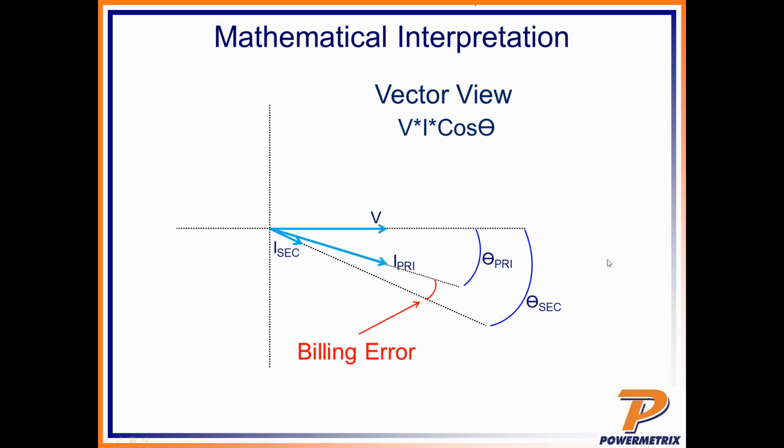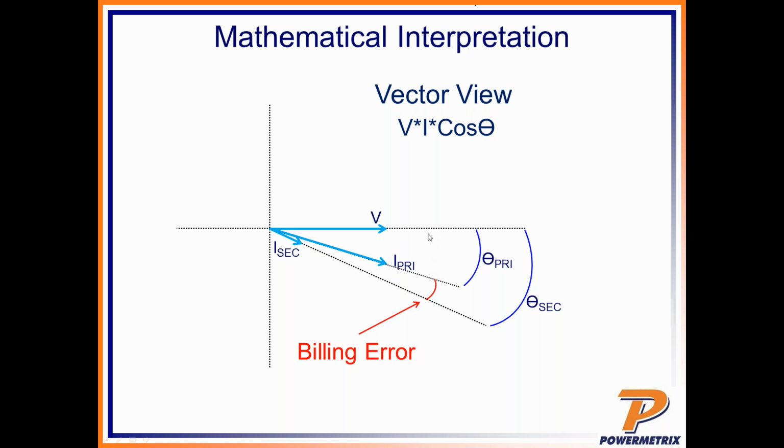So if we look at that on what a vector looks like, sometimes it's easier to look at things in different ways. It makes a little bit more sense. So think of this as one phase of a 3-phase 4-wire Y. You've got your voltage vector that's at 0 degrees. And then you've got the primary current that, if it's a normal load, will be an inductive load, and it's lagging the voltage by whatever that degree is, 10, 12 degrees, whatever that is.